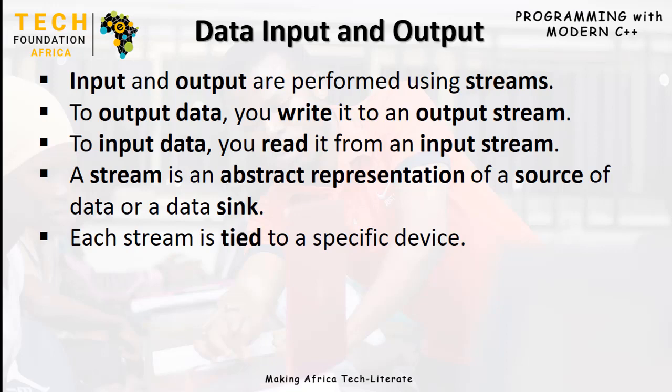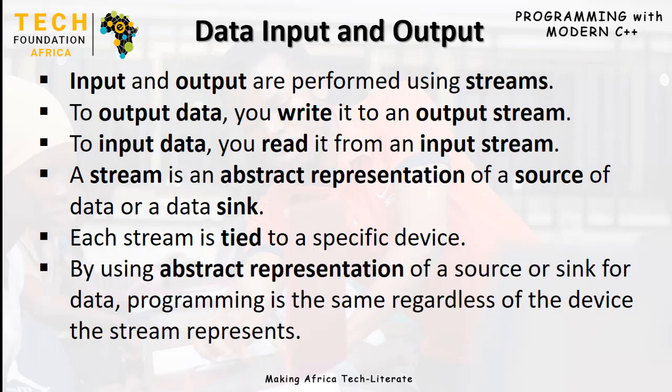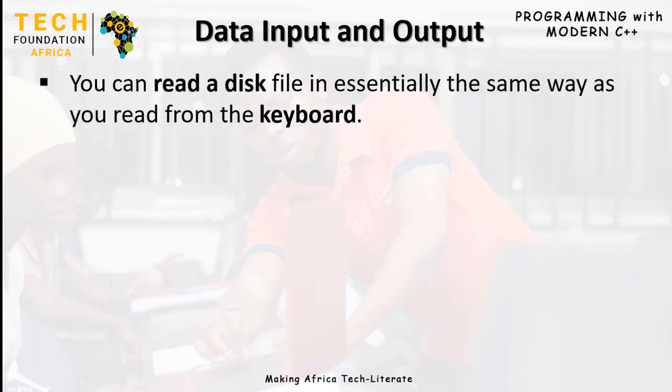That is the source of the data in the case of an input stream, or the destination of the data in the case of an output stream. The advantage of having an abstract representation of a source or a sink for data is that the programming is the same regardless of the device the stream represents. Is that okay? You can read a disk file essentially the same way you read things from the keyboard.